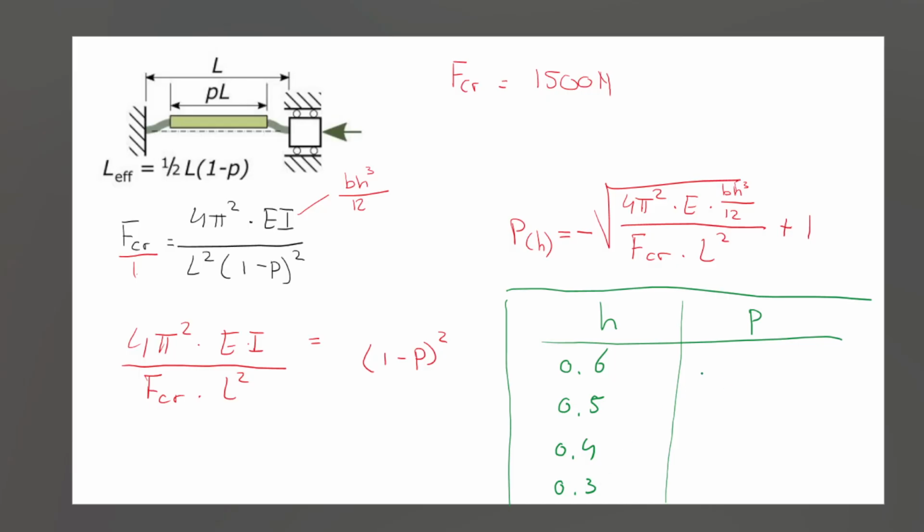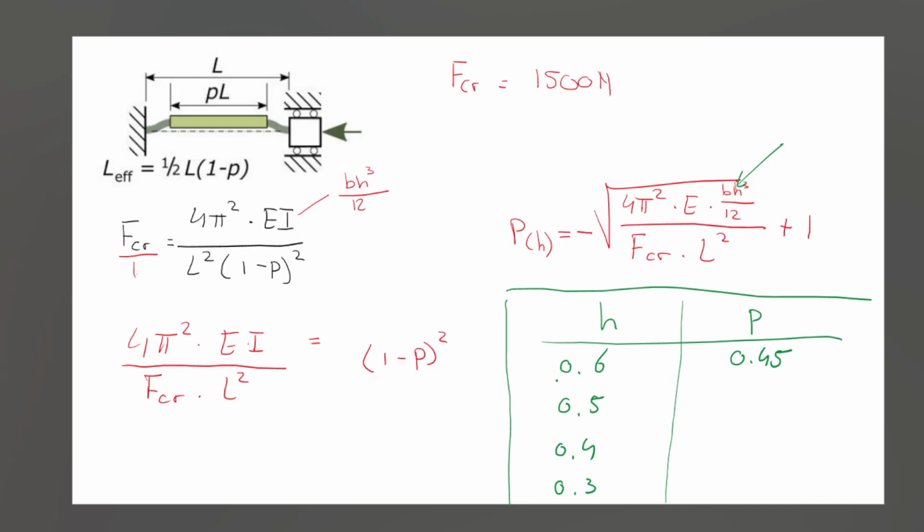I'll just put those in my calculator real quickly. We have here the square root 4 pi, yes. So if I put 0.6 in my formula for h, then I get a p-value of 0.45. So that means approximately half of it is reinforced if we have a thickness of 0.6.